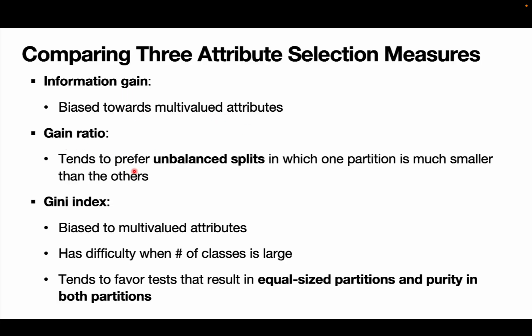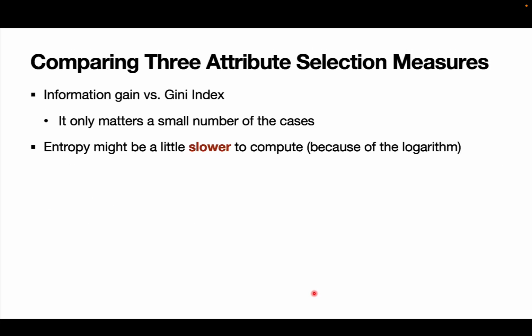Gain ratio prefers unbalanced splits, and the Gini Index tends to favor equal-sized partitions and purity in both partitions. From a computational point of view, sometimes computing entropy can be slower because there is a log computation, but as I just said, it all depends on your dataset.